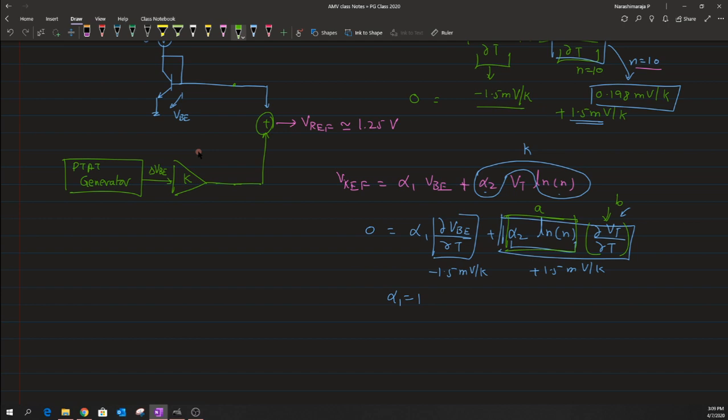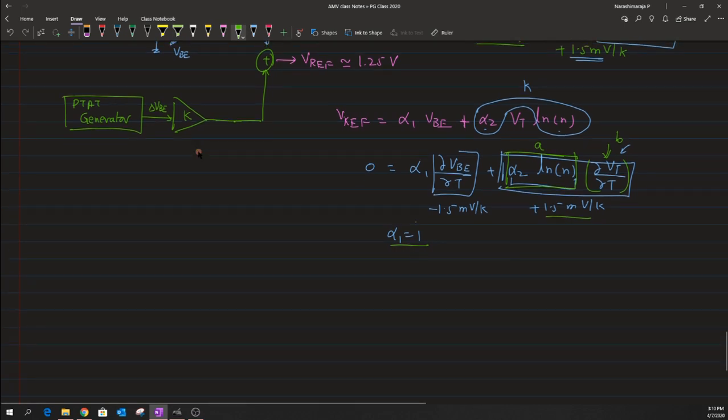So with respect to term A, we just have to amplify the term B such that the end result of A into B is a positive value of 1.5 millivolt per Kelvin. Okay. Now all of these things are under the assumption that the value of alpha 1 is equal to 1, clear? Yeah. So now let us try to evaluate this delta Vt with respect to T.